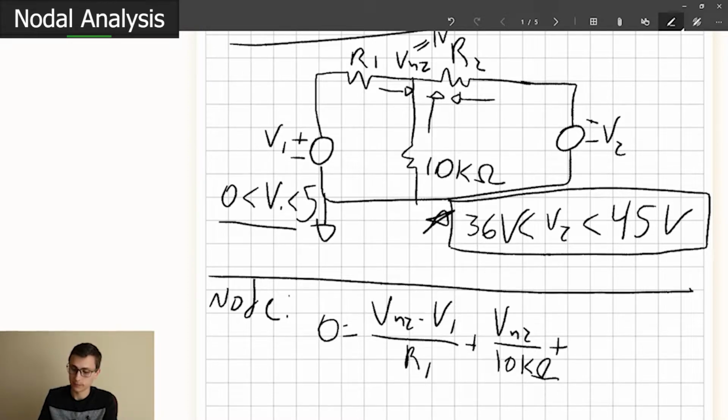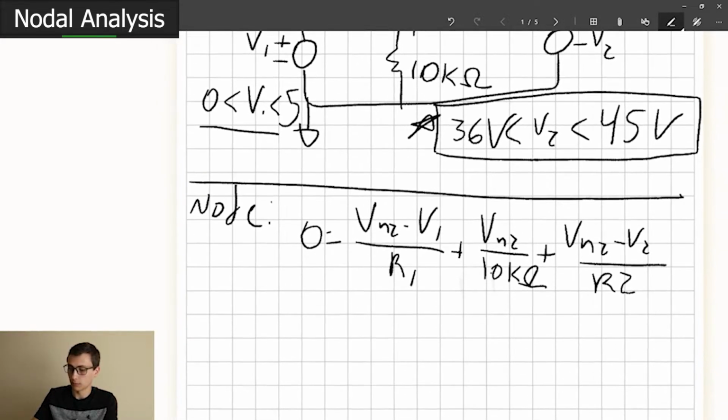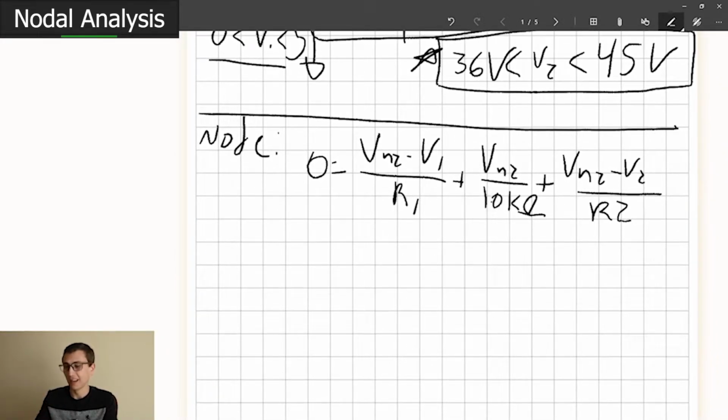Excellent. Then we get to our third term. There we go, that is the equation. And being completely transparent, I've already done some simplification because I didn't want to make you suffer through that.